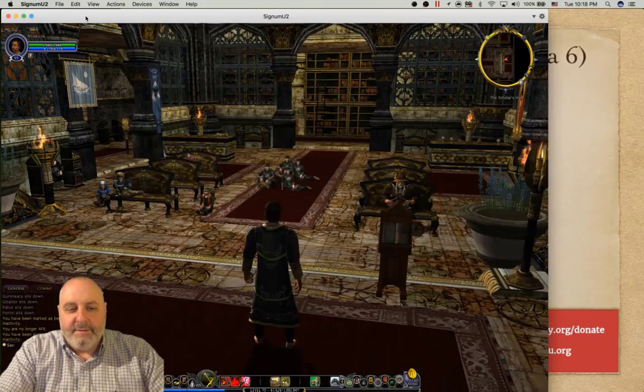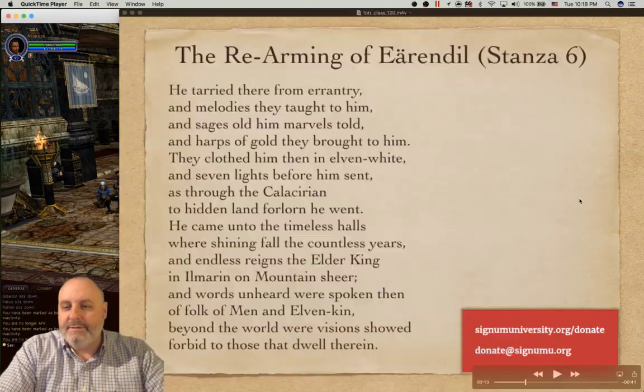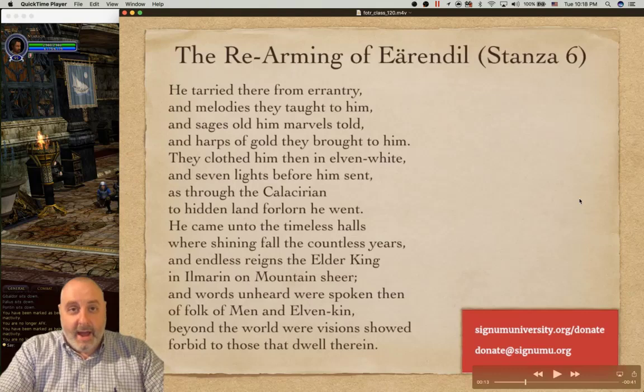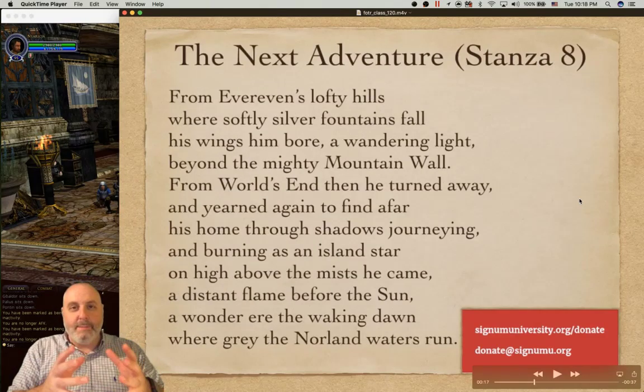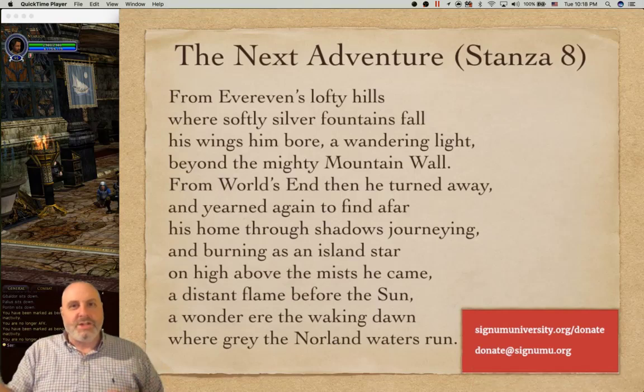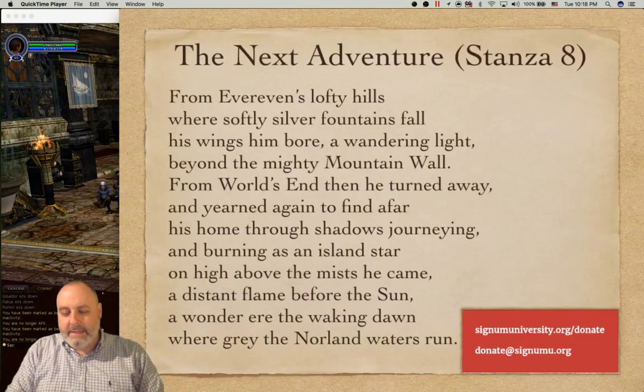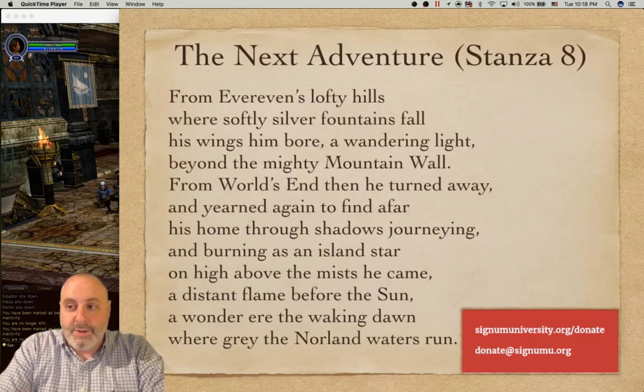So again, lots of time imagery, timeless imagery, and so his time has not just gone backwards; he's gone out of the regular circuit as he goes from ever night, not only to evening, but to ever even.